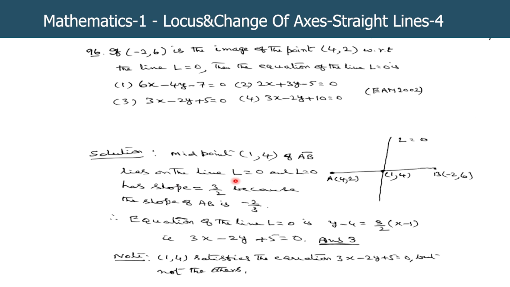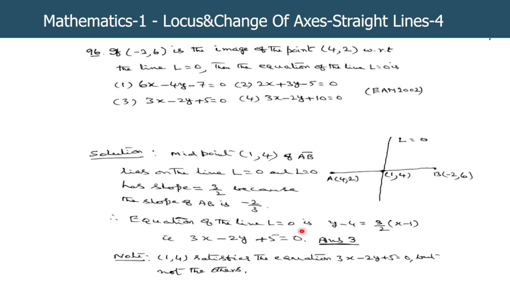This lies on the line L equal to 0, and L equal to 0 has slope 3 by 2 because the slope of AB is minus 2 by 3. Because the slope of AB is minus 2 by 3, the slope of L, because it is a perpendicular line, is minus 1 by minus 2 by 3, so that is 3 by 2. The equation of line L is y minus 4, because it passes through the midpoint 1 comma 4, is equal to 3 by 2 into x minus 1.